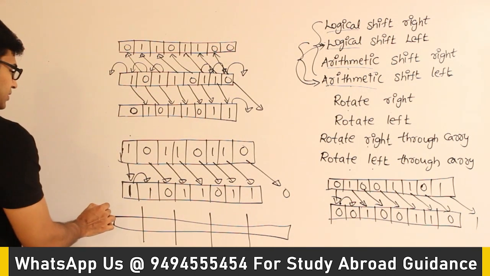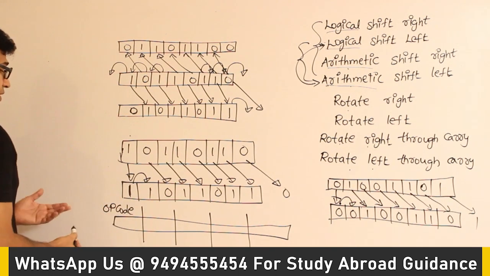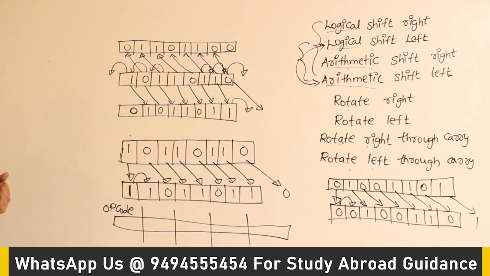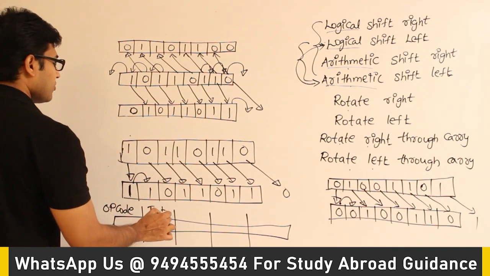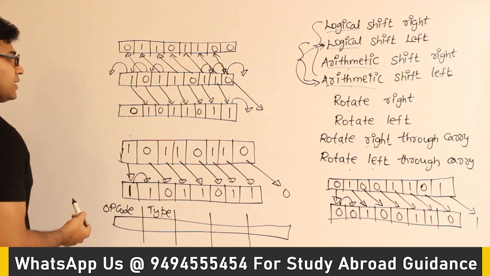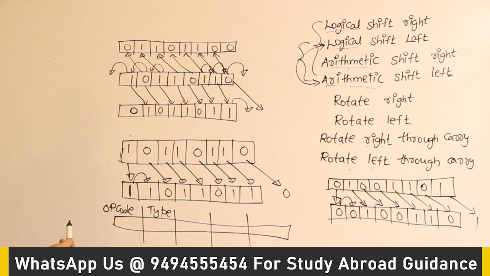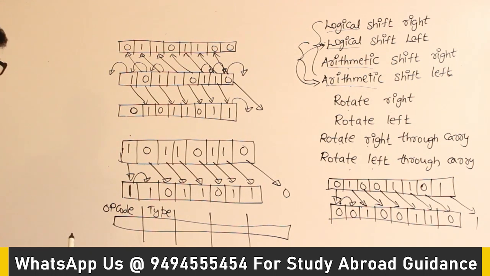So one is you have to specify the opcode, which means you should say it is a shift operation, in some part of the instruction. The next one is you have to even specify the type of the shift. Since you have 4 types of shifts, even though 2 are the same, you are supposed to say which one it is. It will take at least 2 bits there, right?